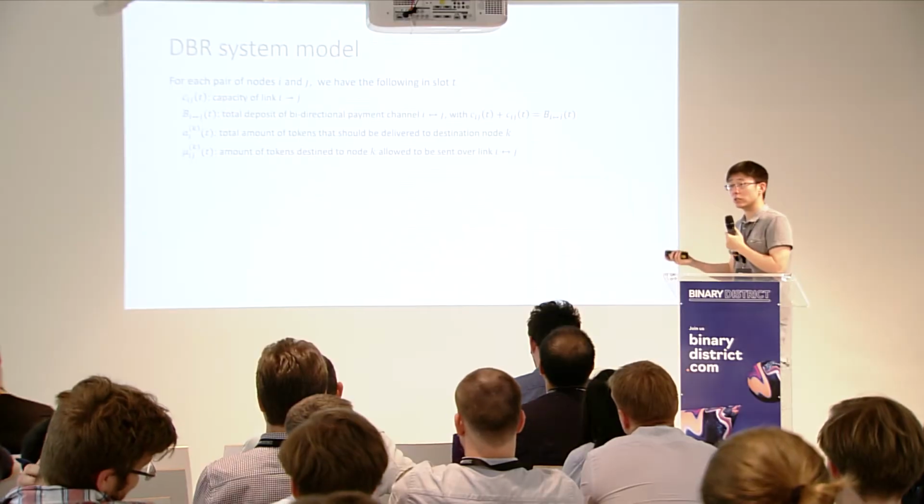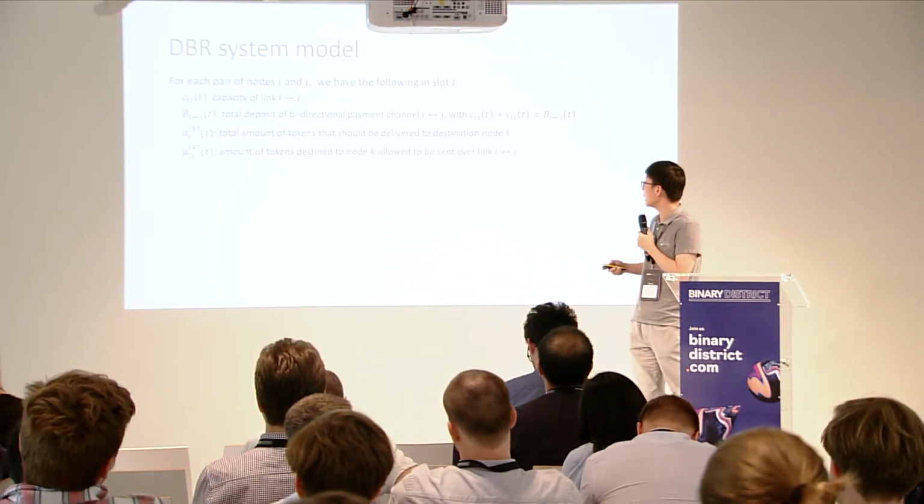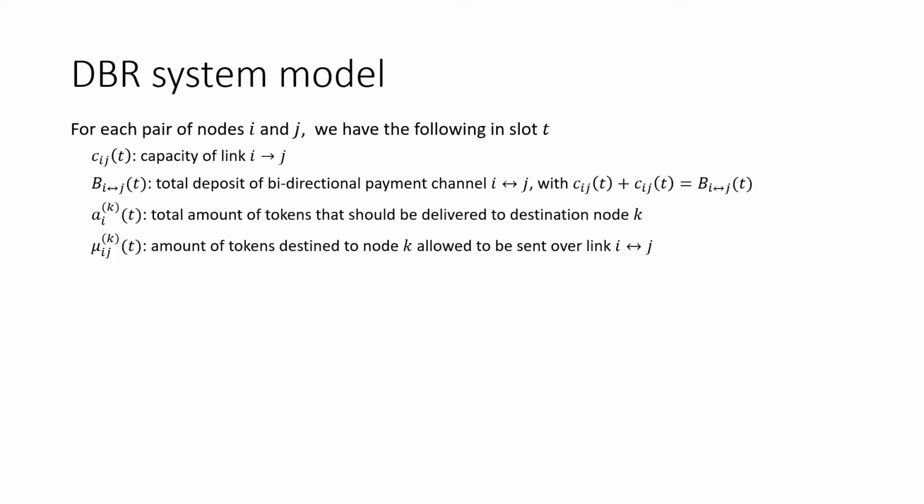We have different notations: the capacity of the link from i to j, the total deposit of the bidirectional payment channel, the total amount of tokens that should be delivered to a destination, and the amount of tokens that are allowed to be sent over link i to j.